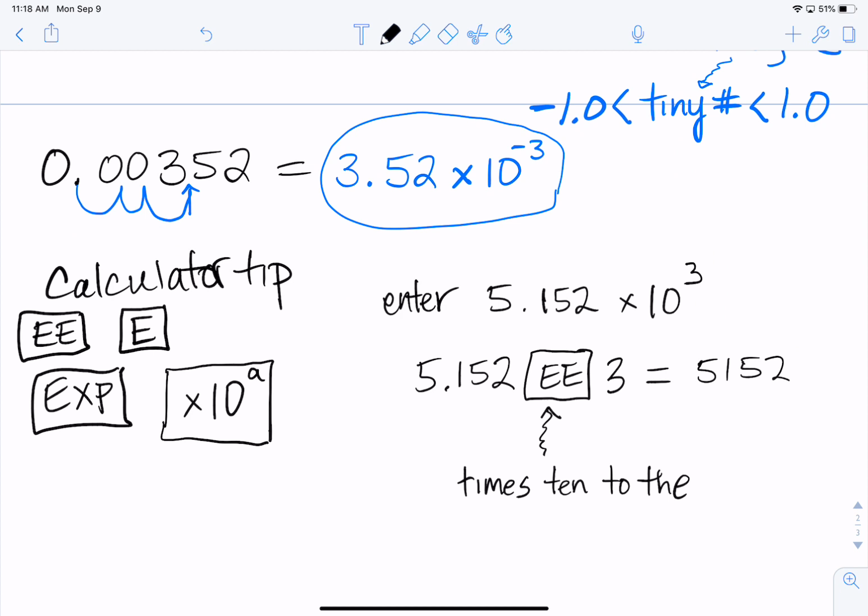So who needs help entering in their calculator? Okay, now yours. Type in 5.152. Then you have to hit second function. See how it shows up as an E? Now you hit 3.